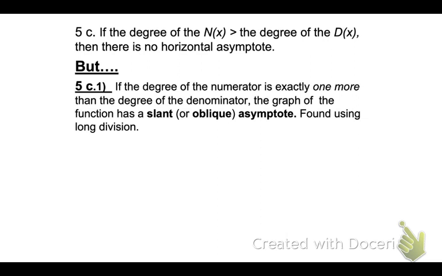It says if the degree of the numerator is greater than the degree of the denominator, there is no horizontal asymptote, but if it is greater by exactly 1, there is a slant asymptote, also known as an oblique, found by using long division.